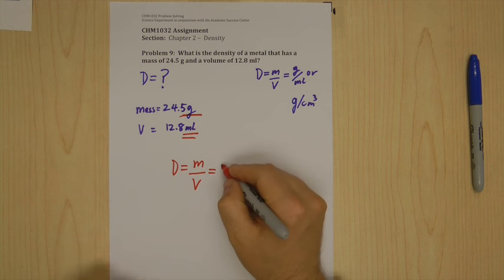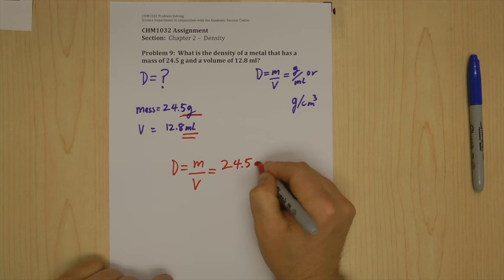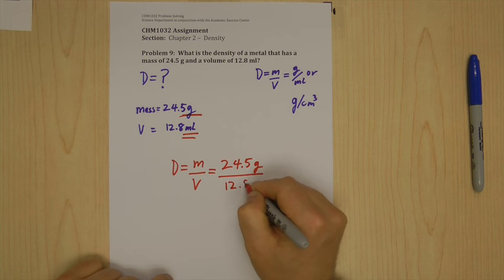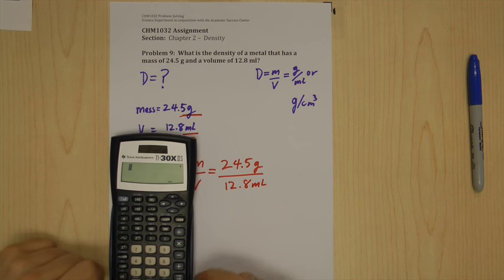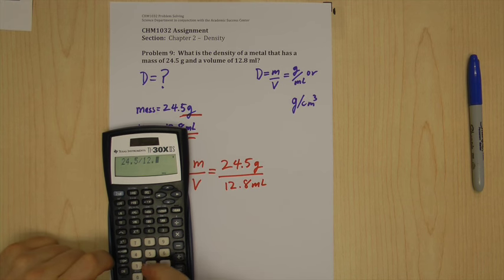So we take 24.5 grams, divide it by 12.8 milliliters. Bust out our handy dandy calculator. 24.5 divided by 12.8 equals.